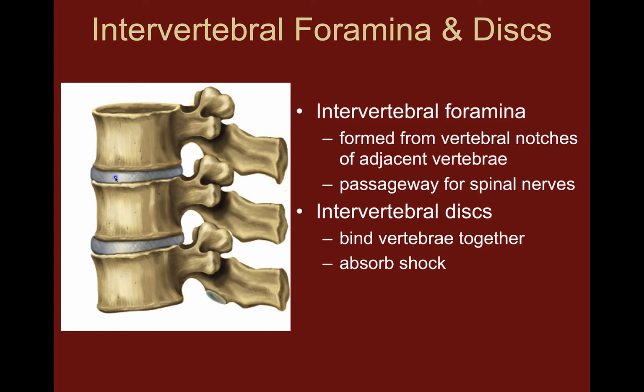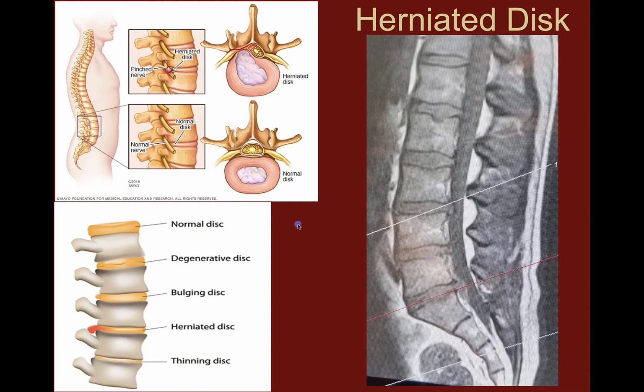The intervertebral discs are going to bind the bodies of the vertebrae together, and they're going to absorb shock. They're made up of fibrocartilage, so they're going to form really strong joints. They do have a little bit of movement, and so if you think about 33 vertebrae, each with a disc in between them. Some of you may have herniated discs.